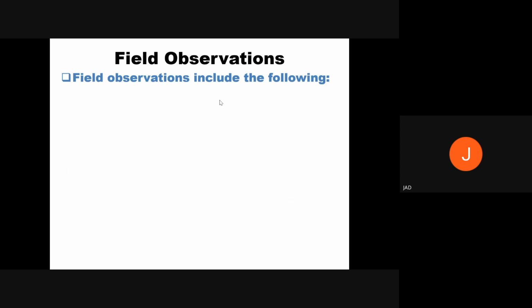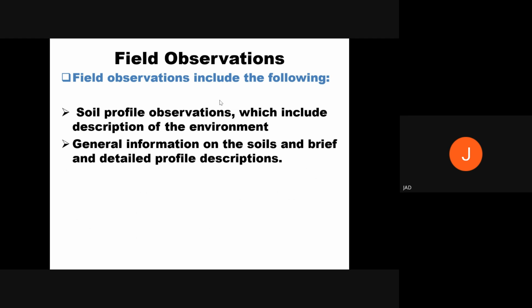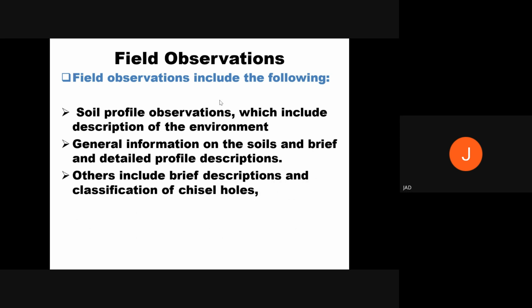Then grid observations include the following: soil profile observation, which includes description of the environment, general information on the soil, and brief and detailed profile description. Others include brief description and classification of auger holes. Normally we do the auger hole with an auger, a special instrument.